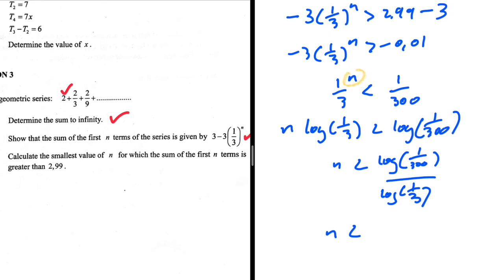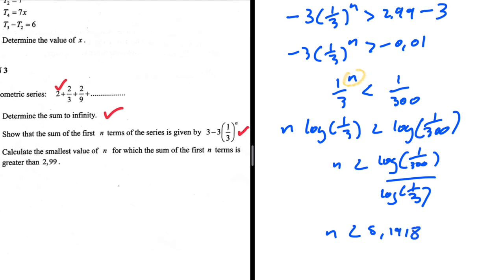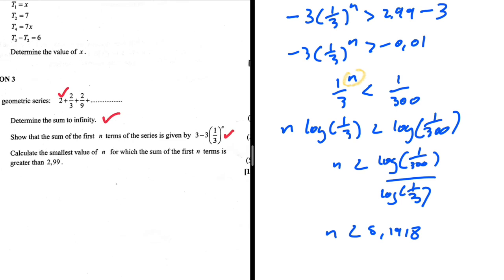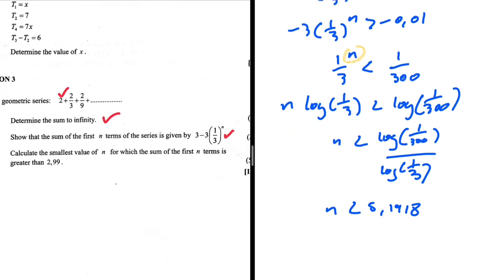I'm getting 5.1918. Okay, so the question says calculate the smallest value of n for which the sum of the first n terms is greater than 2.99. I'm getting n less than 5.1918. That is a bit weird.